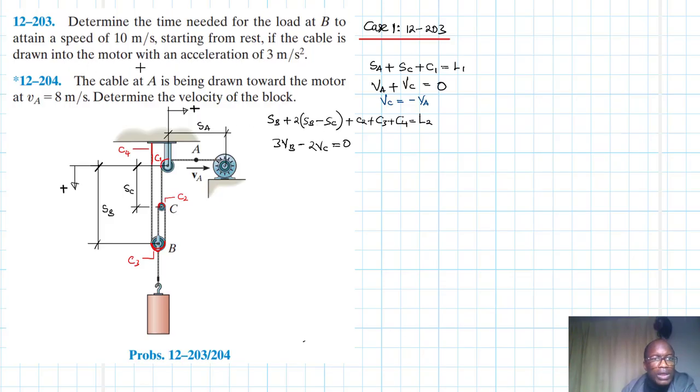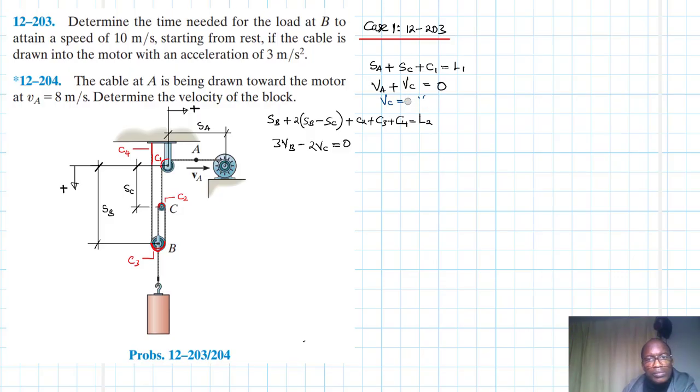Mind you, we want to find the time needed for the load at B to attain a speed of 10 meters per second. So we are concentrating on relating A and B because we've been given the acceleration. If the cable is drawn into the motor with the acceleration of 3 meters per second squared, so AA is already given to us.